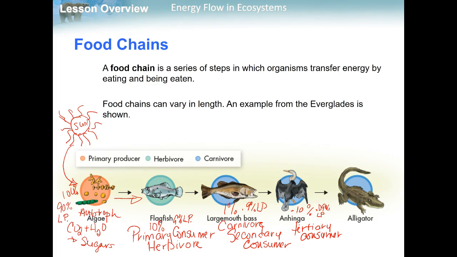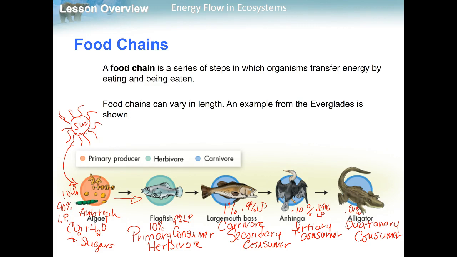So that when the alligator eats the bird, it's only getting 0.01% of the energy from the sunlight as we move through this. This alligator is another type of carnivore, but it's known as a quaternary consumer, or a fourth level consumer.